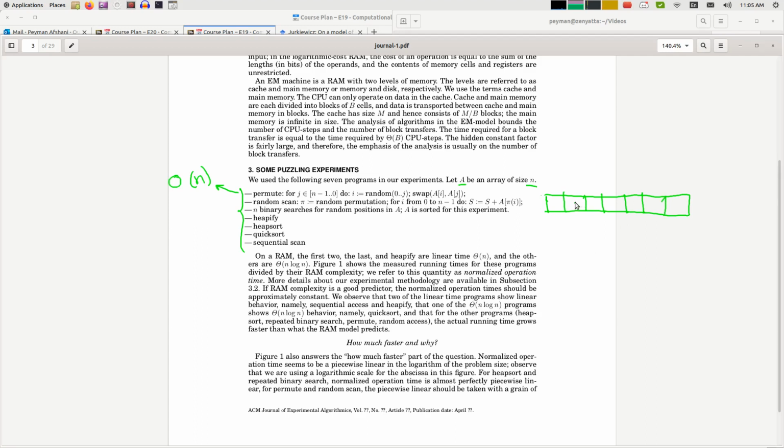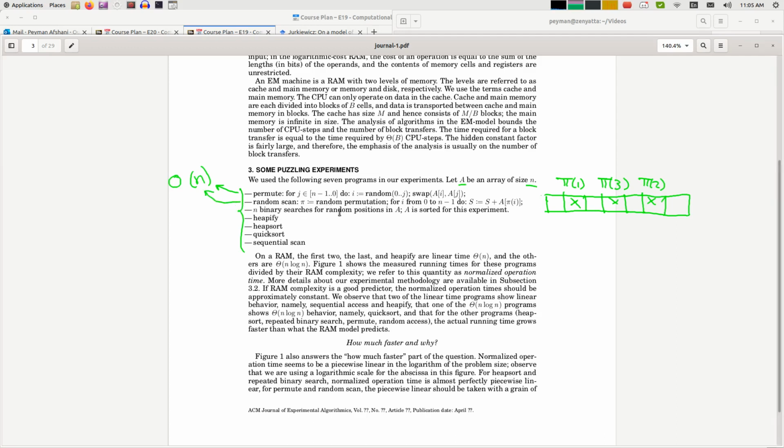For example, you access first this, maybe this is pi 1, this is pi 2, this is pi 3. Instead of scanning the array in an orderly fashion, you scan it in random order. This is obviously also O of n, so it's the same.